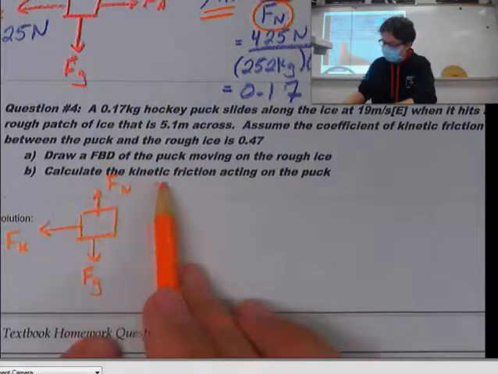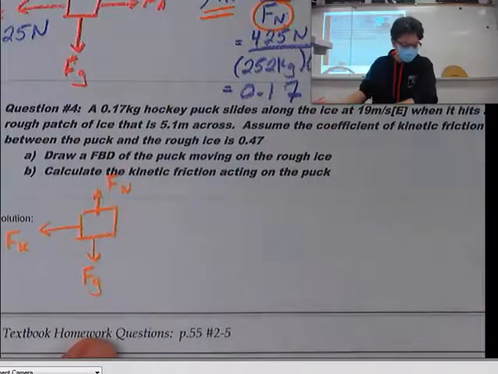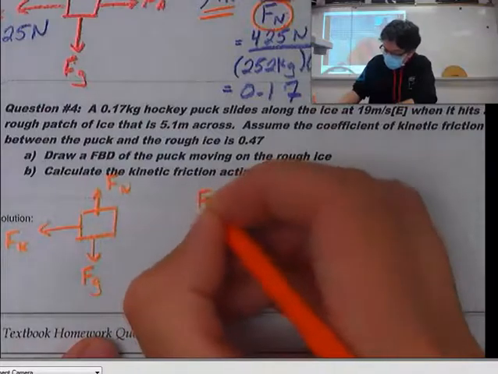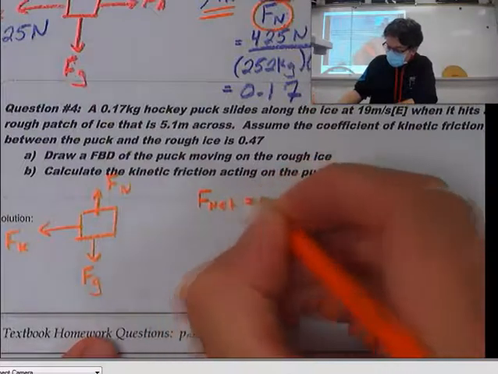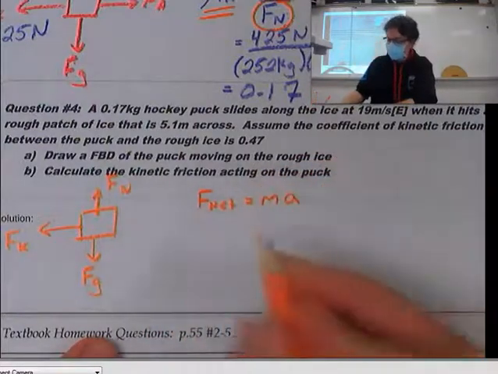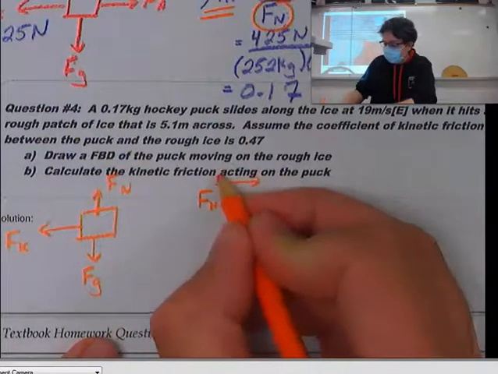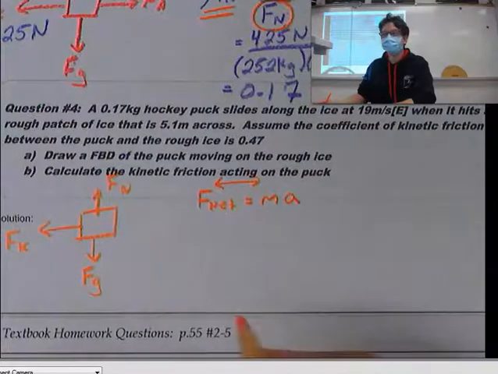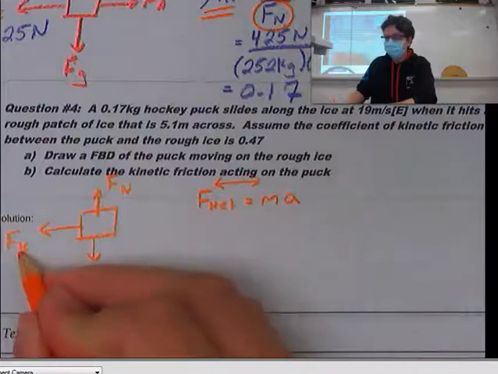Now it says calculate the kinetic friction acting on the puck. Okay, so if we were to apply Newton's second law, we get F net equals ma. Now if we're just looking at our horizontal components, because remember you can treat everything horizontal completely separate from vertical, the only force you have is Fk.